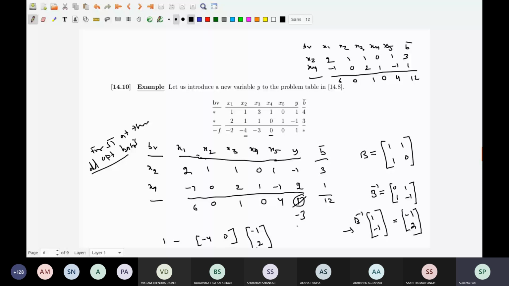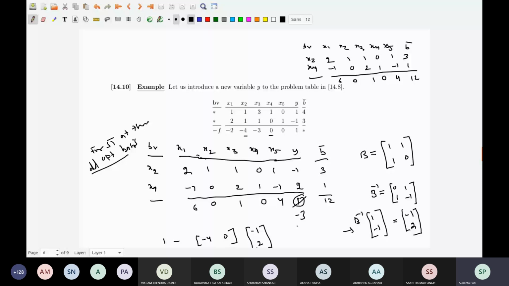And if that B inverse B dash turns out to be greater than or equal to 0, since you are at an old optimal basis, you will say the old optimal basis also works out to be optimal for the changed problem.